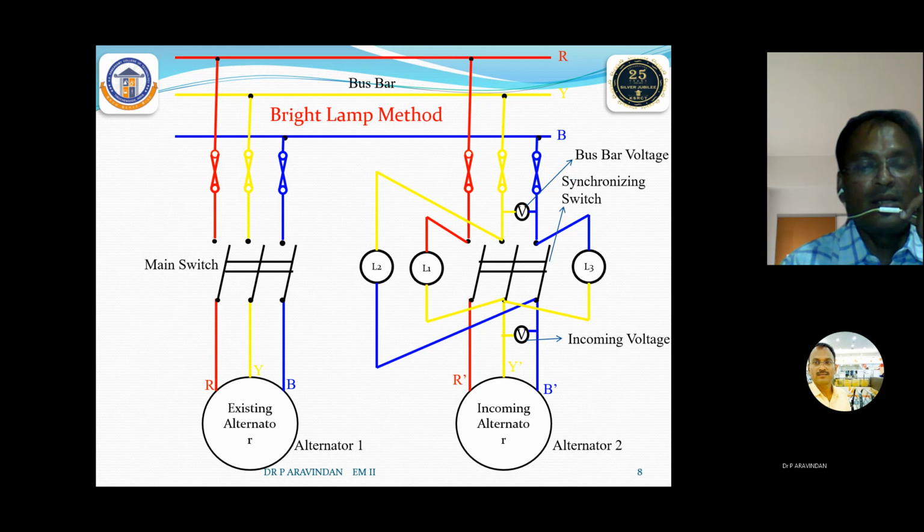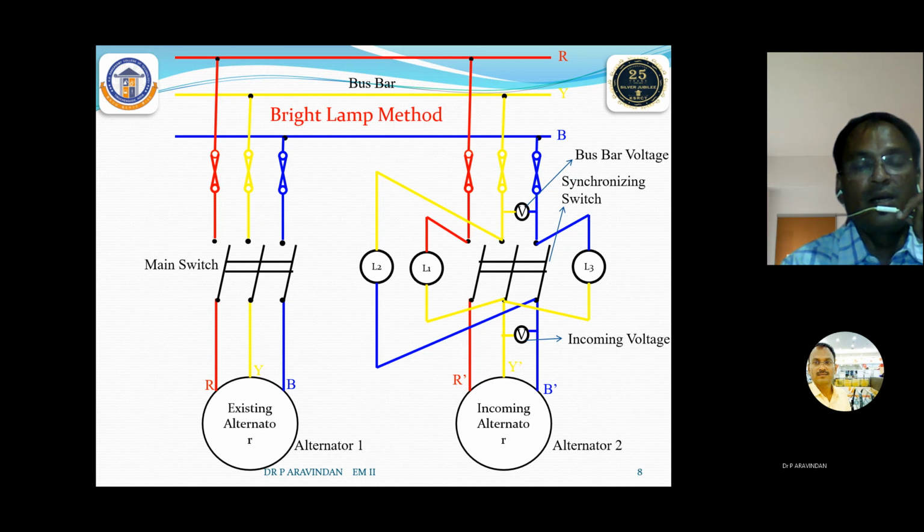If the frequency of the incoming generator is higher, the bulb will slowly glow. We have to adjust the steam input to the incoming generator to get an exact long bright period. In the long bright period, three conditions should be satisfied: phase sequence, frequency, and the voltage across the terminals.